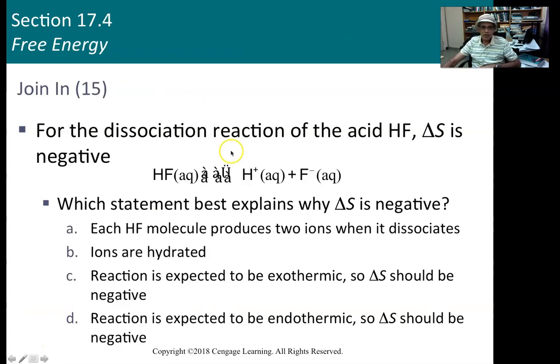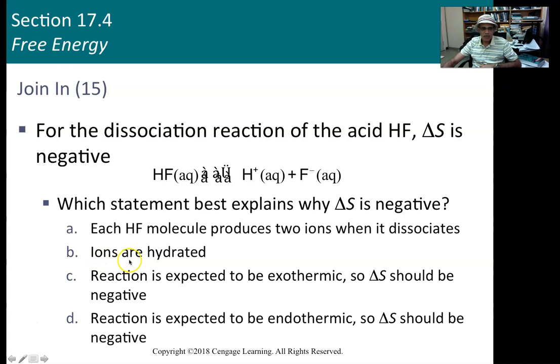For the dissociation reaction of an acid, HF, delta S is negative. Again, you see here, we expect it to be positive, but this one here is negative. Which statement best explains why delta S is negative? Each HF molecule produces two ions when it dissociates.